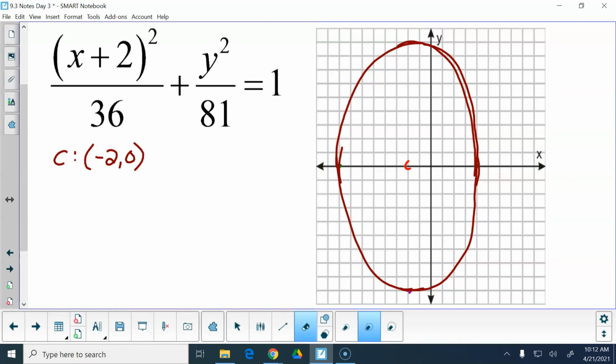Yeah. It happens. Then we need endpoints. Endpoints are the obvious, or I'm sorry, tap the brake. Vertices. I got ahead of myself. They're the endpoints of the major axes, but they're the vertices.